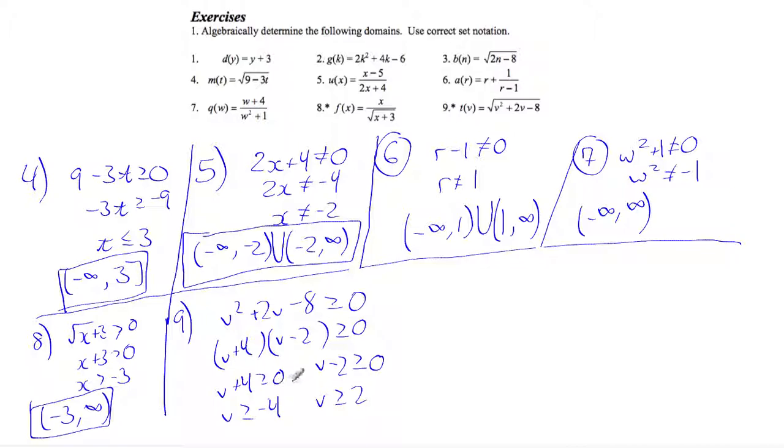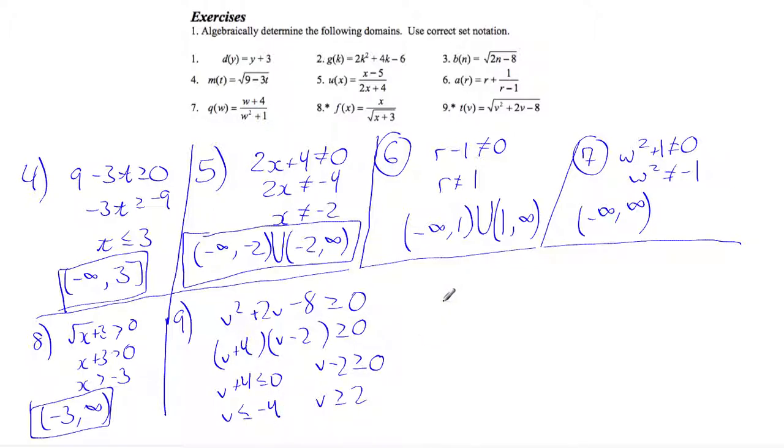I think, did I make a mistake somewhere? So if I plug in the -4, it works. Oh, sorry, this should be less than or equal to. Less than or equal to 0, but less than or equal to -4.